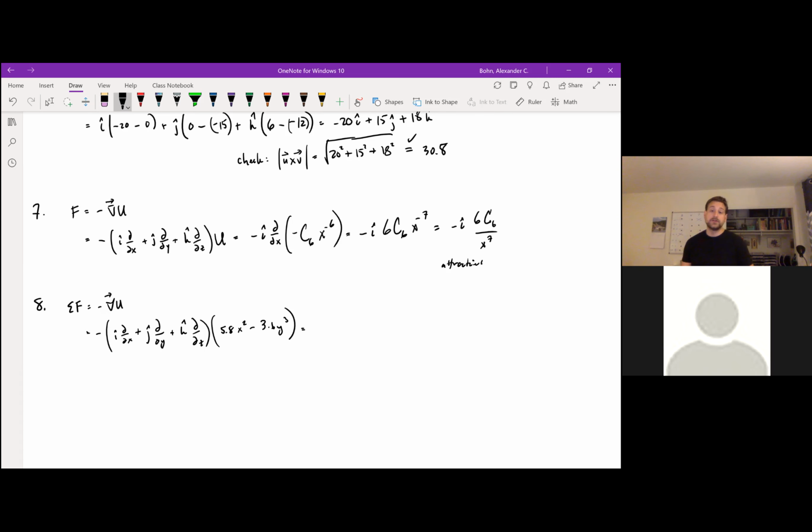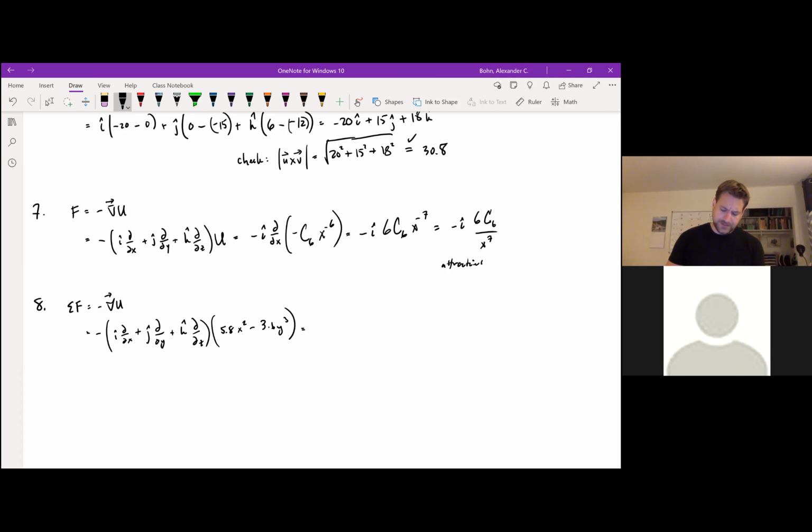Remember that partial derivatives ask for the rate of change with respect to this variable, holding the others constant. So when we're asked for the rate of change with respect to x, pretending that y is constant, well, that whole second term there is just constant then. So its derivative is 0.